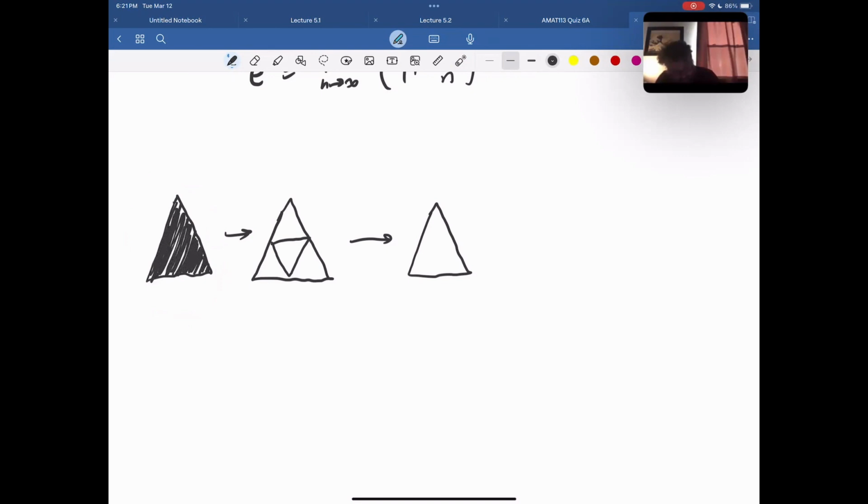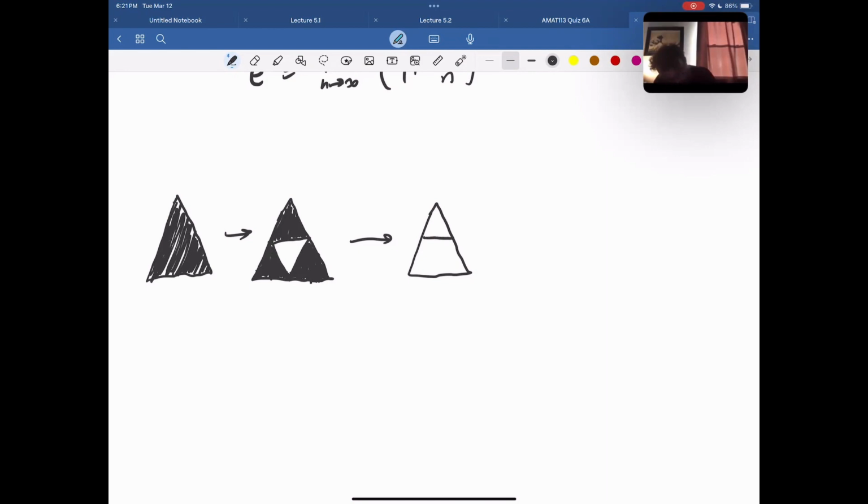We can iterate on this construction by removing the inner quarter right here. And that gives us three kind of triangles stacked on top of each other. As one student astutely pointed out, was quite similar to a popular video game icon, right?